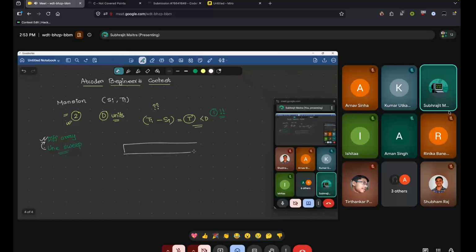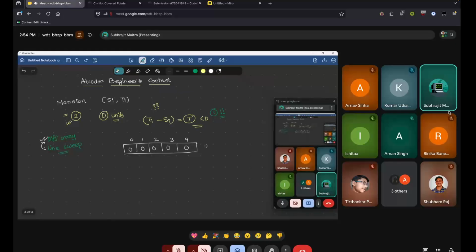Suppose I have an array. This is a 1D data structure. I have 1, 2, these are my 5 boxes. Initially, let me suppose that everything is 0.